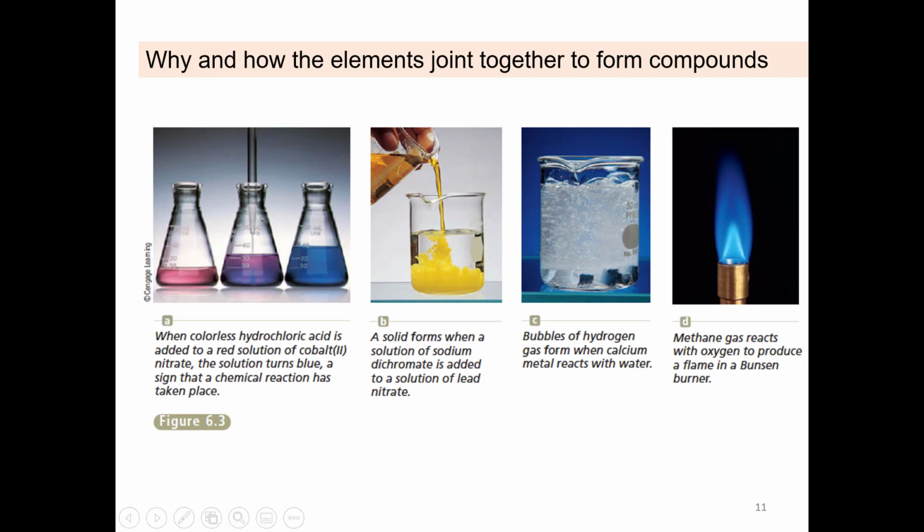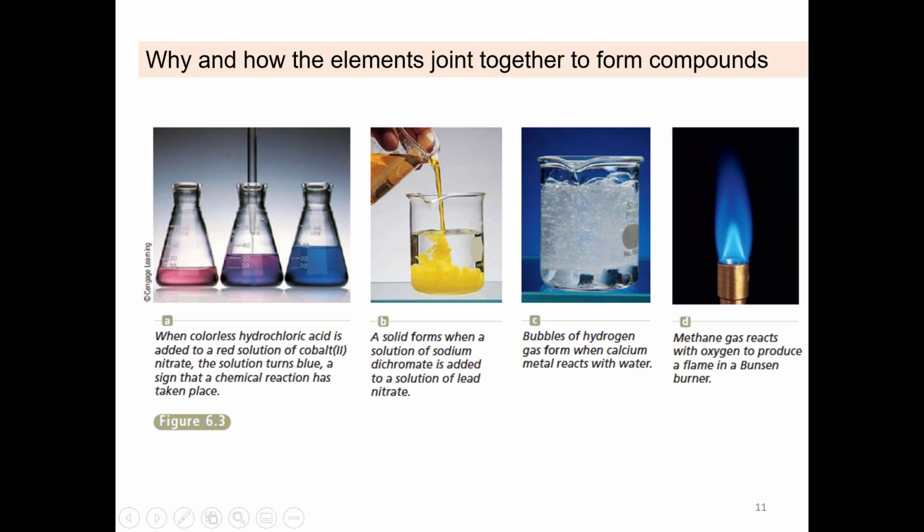In this case, we had the sodium dichromate added to the lead nitrate. And then we can see there is a precipitation. This is another indication that the chemical reaction is taking place.